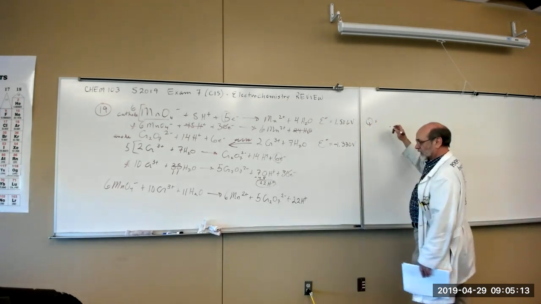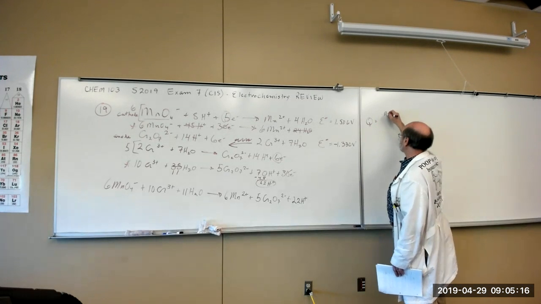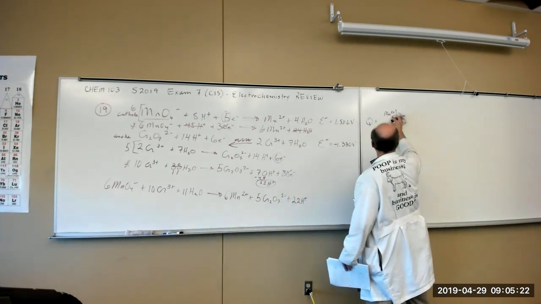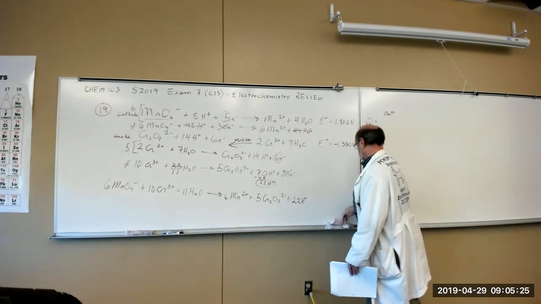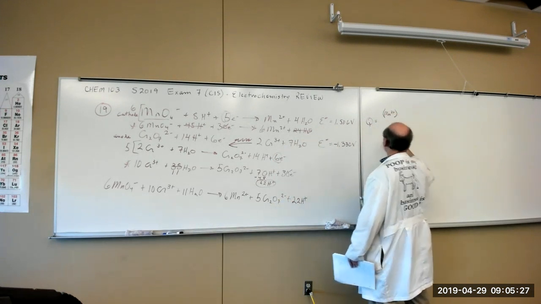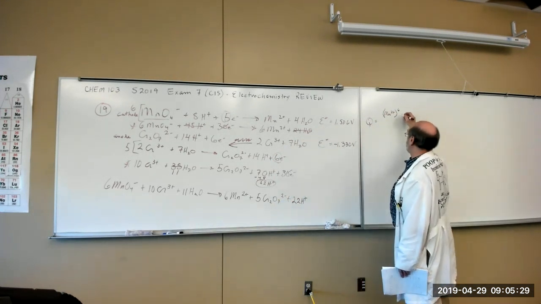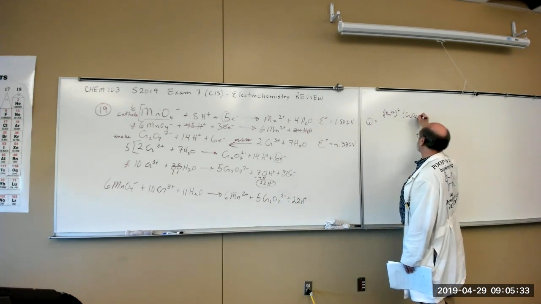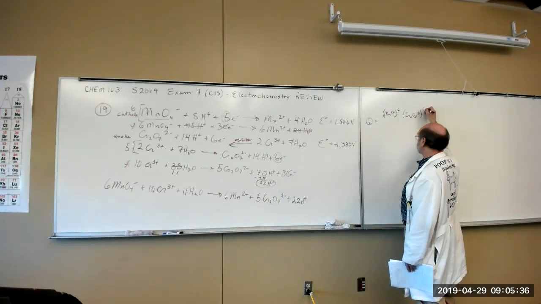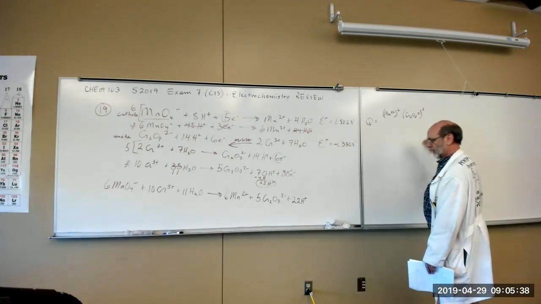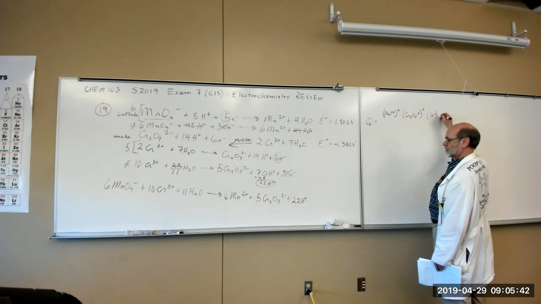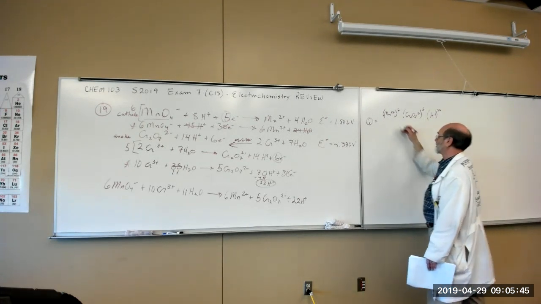All right, so we're going to have manganese 2 plus, oops, I'll call myself a liar, like that to the 6th power. And then dichromate to the 5th power. And hydrogen to the 22nd power.